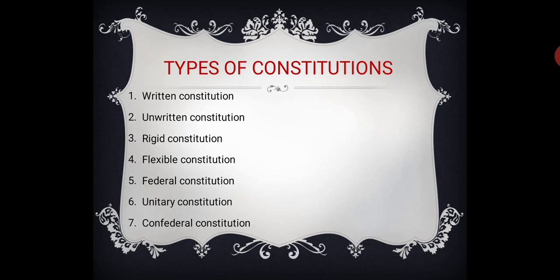Remember when I was defining a written constitution, I said it is written or codified in a written document. What do I mean by being codified? It has code. It has coded numbers so that it can be easily referred to.